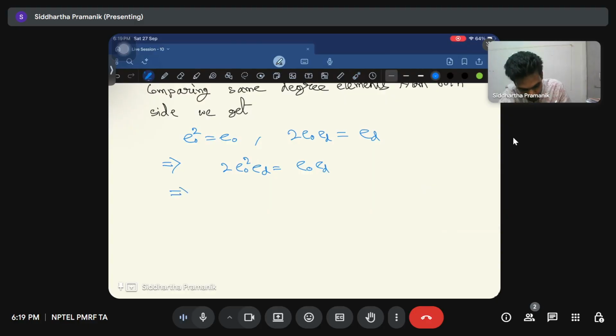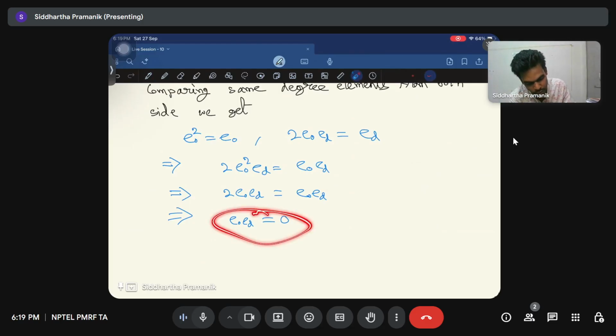So this will imply 2 E0 ED is the same as E0 ED. And if we take it to one side, we get E0 ED equals 0. So from this equation, we get ED equals 0.